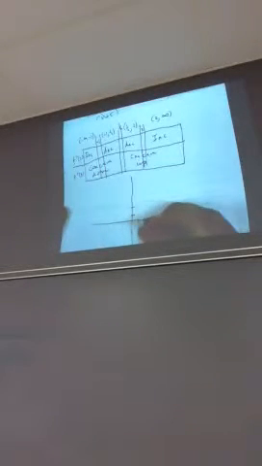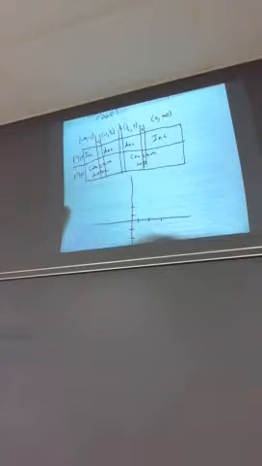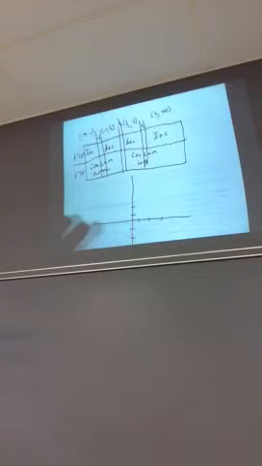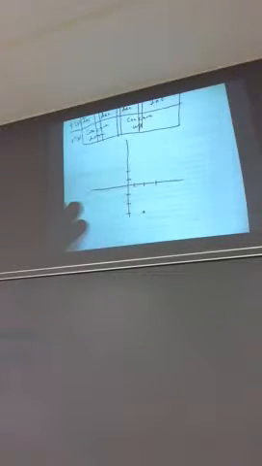I've come up with 4 points. What are the 4 points that I've come up with? 2, -3. All right, let's graph that one first. 2, -3 is sitting right here. Okay, 2, -3 is right there.